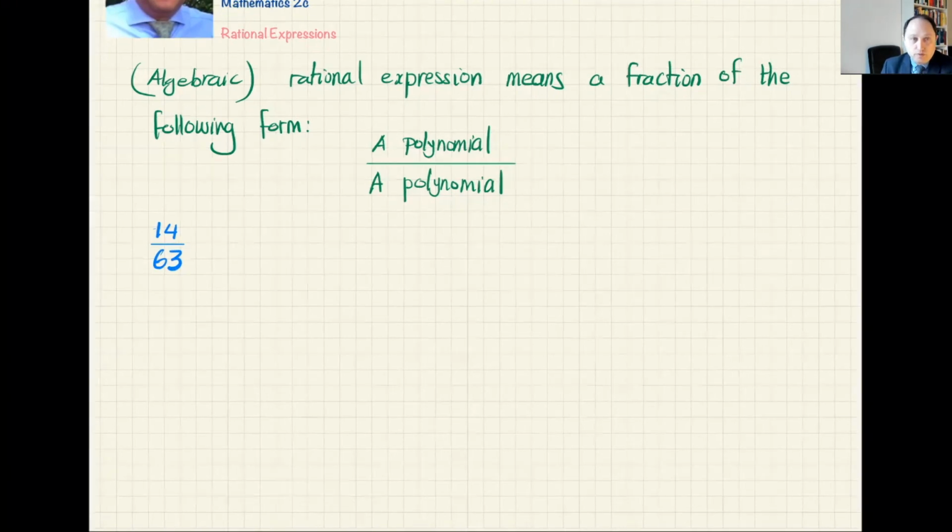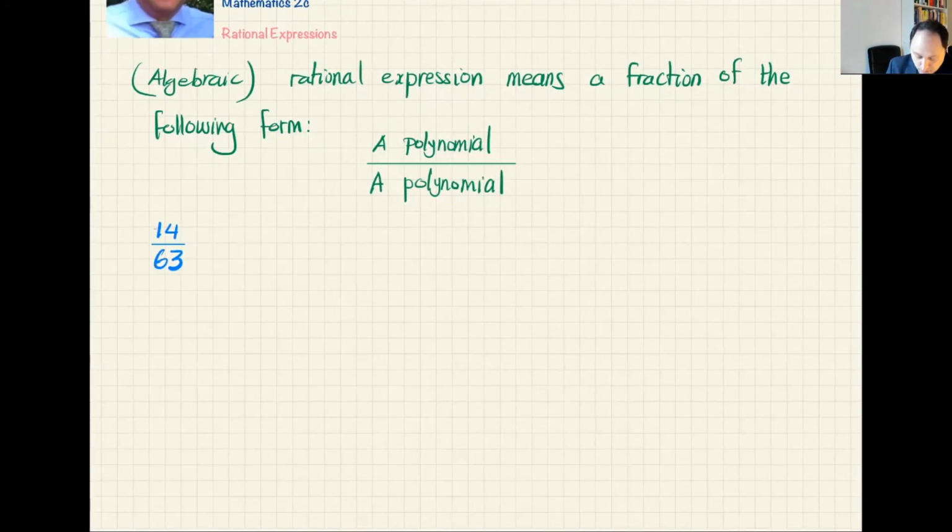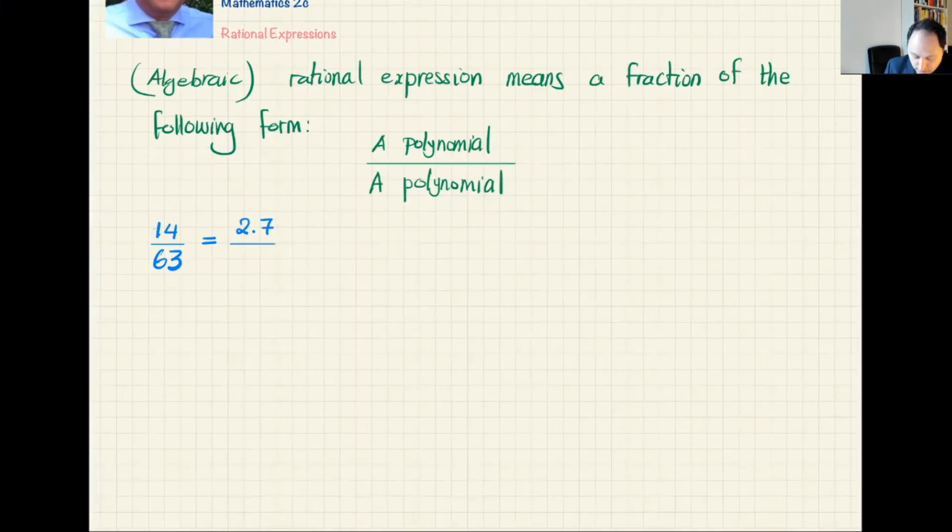If I want to simplify this fraction, you might be able to do it in your head, but in principle, you have to factorize 14 and write it as 2 times 7, and factorize 63 as 7 times 9. Then you find the highest common factor and cancel it out, and you get 2 over 9.